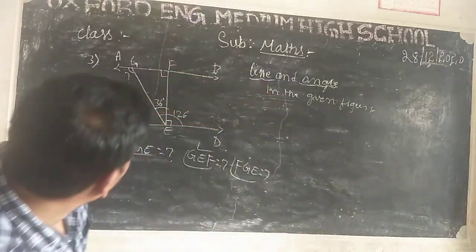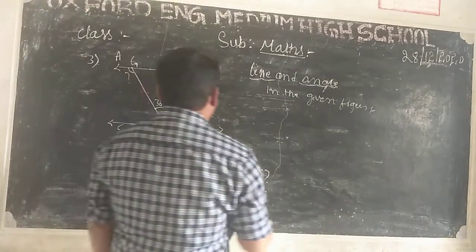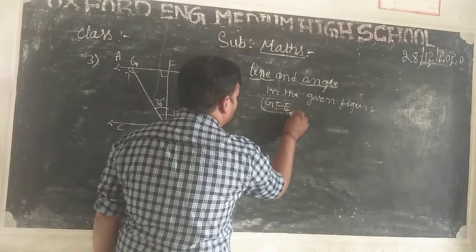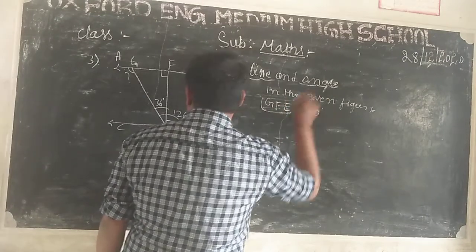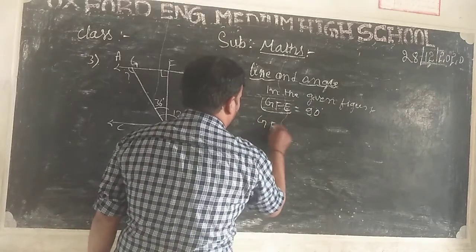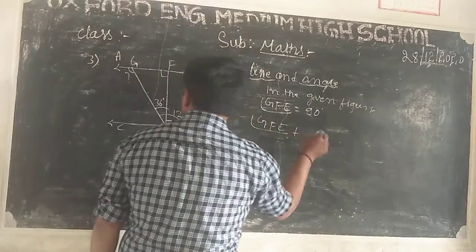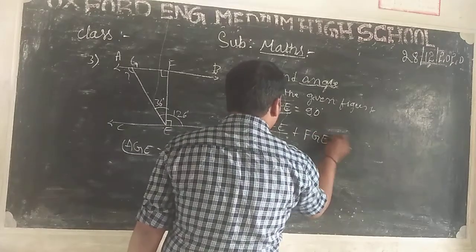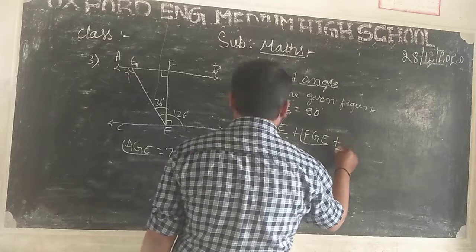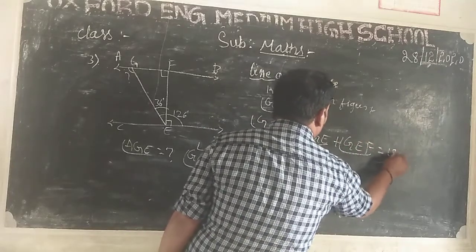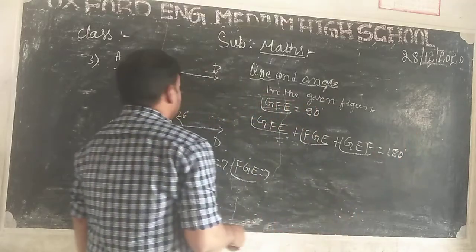In the given figure, GFE is also 90 degree. So here we know that GFE plus FGE plus GEF is equal to 180 degree.